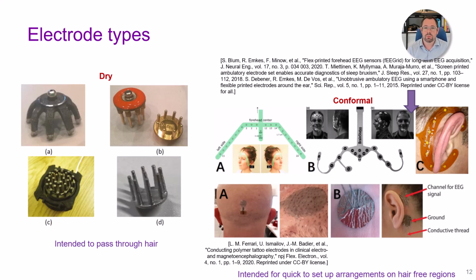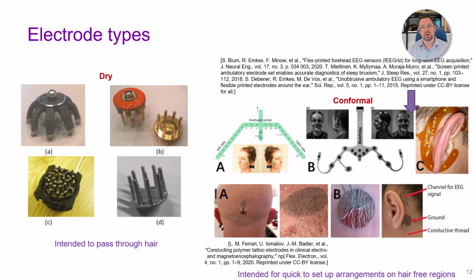There's been a very wide range of research going into what I would call conformal electrodes. Sometimes these are called temporary tattoo electrodes, but rather than having a big bulk metal lump of some conductor, these aim to be very thin, very flexible, so they can flex and stretch with the skin, and potentially as a result stay in place for a very long period of time.